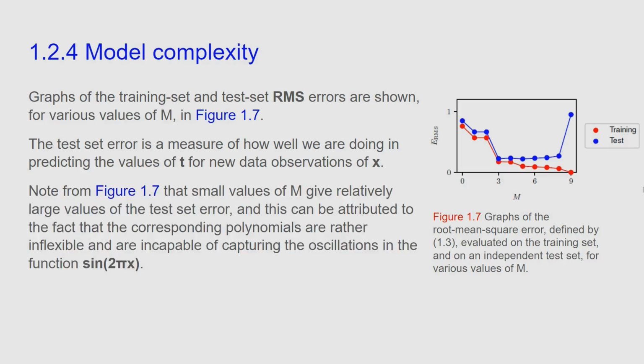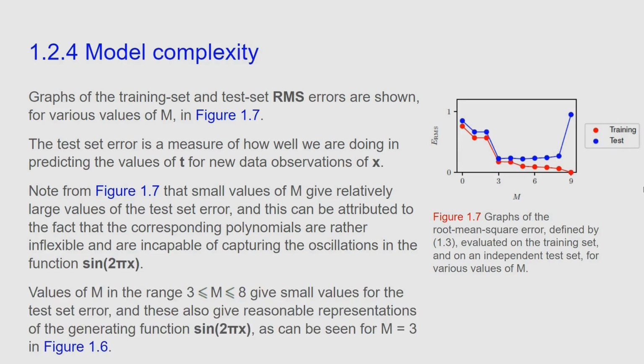Note from Figure 1.7 that small values of M give relatively large values of the test set error, and this can be attributed to the fact that the corresponding polynomials are rather inflexible and are incapable of capturing the oscillations in the function sin(2πx).